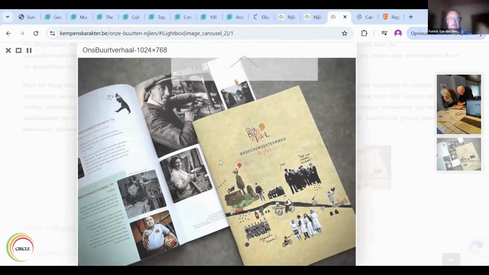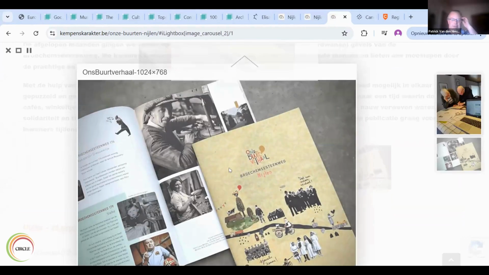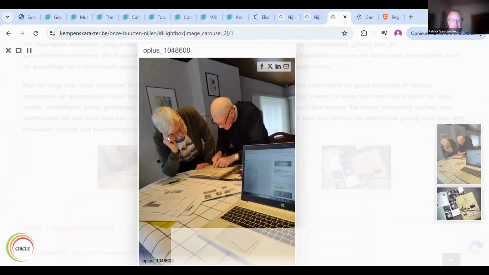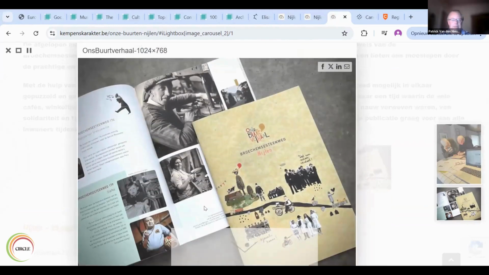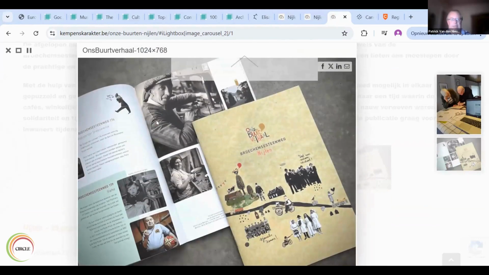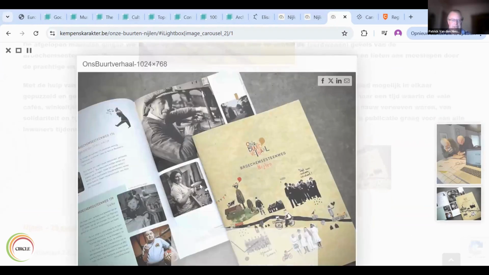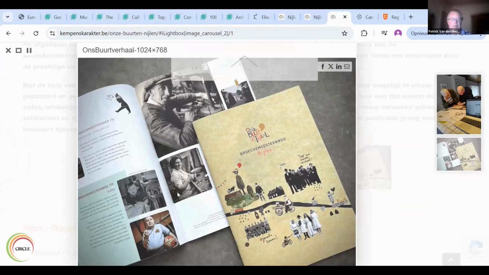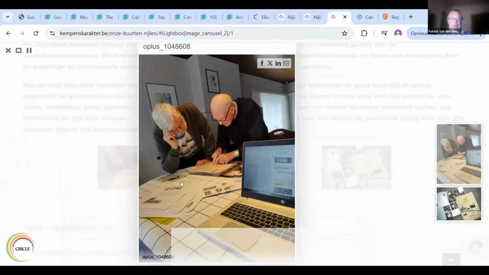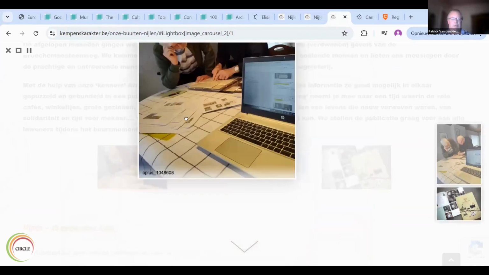This is one of the publications they made, with pictures that were coming from persons, families, organizations, and some specific stories about that community.